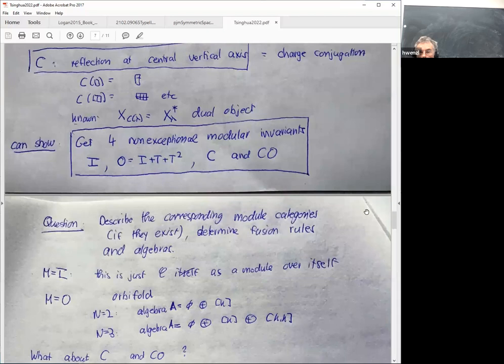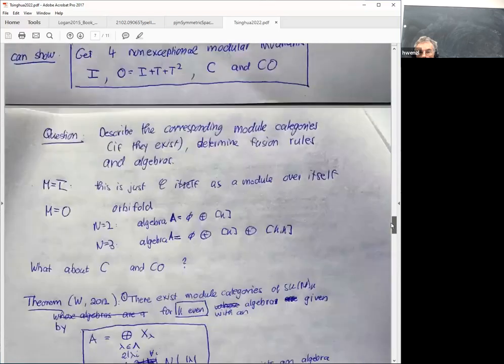Also, I think this has been shown now for SU(N)_K, which I think Kane and Edie-Michell checked. All right, so the question is, describe the corresponding module categories, determine the fusion rules, and determine some algebra object which would describe this.